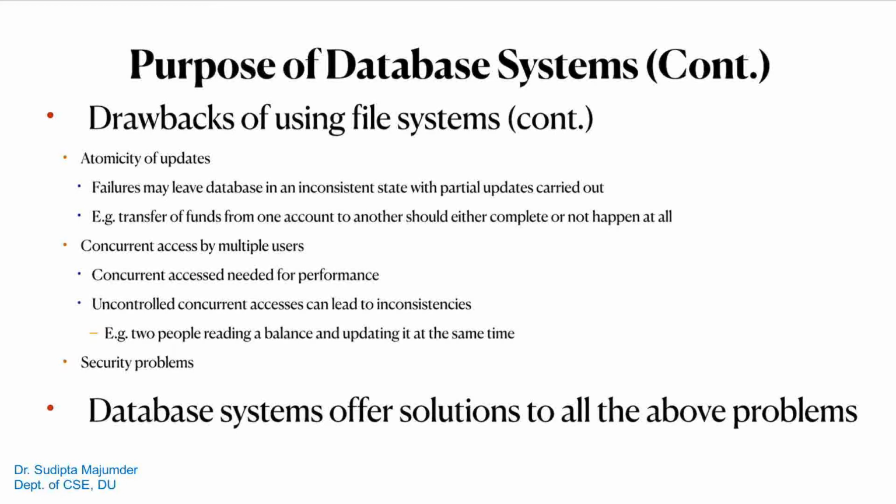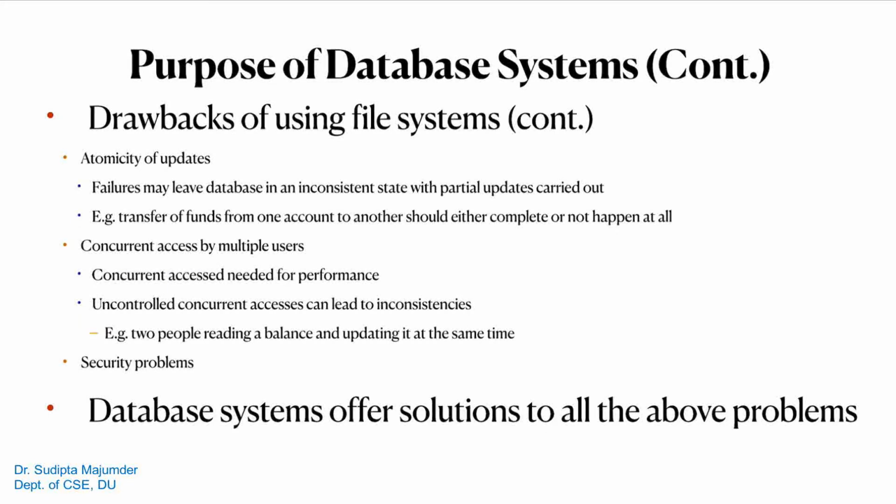Failure may leave database in an inconsistent state with partial update carried out. Example, transfer of fund from one account to another should be either complete or not happen at all. Atomicity means multiple operation can be grouped into a single logical entity.